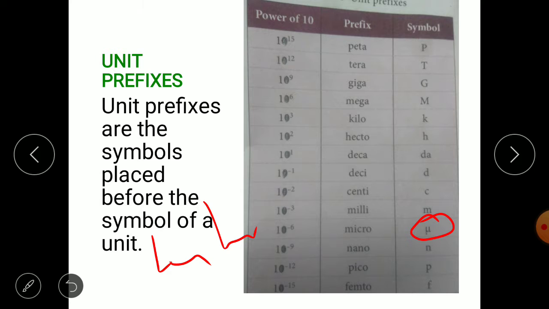That means after 10 you need to put 25 zeros. That is 10 to the power 26 meter. Then the mass of an electron is 9.11 into 10 to the power minus 31 kg. And we also have the Milky Way galaxy, whose mass is 2.2 into 10 to the power 41 kg. These are some measuring unit prefixes in this lesson.